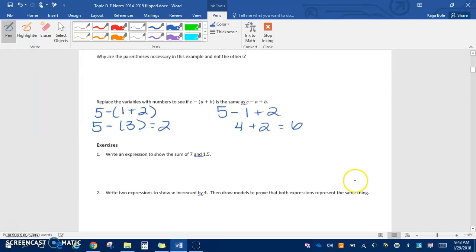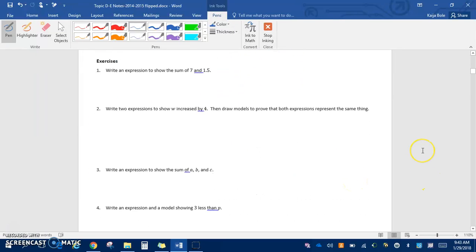Right? A few more here. Number 1 says write an expression to show the sum of 7 and 1.5. So again, we need those parentheses, and it would be 7 plus 1.5. Number 2 says write 2 expressions to show W increased by 4.